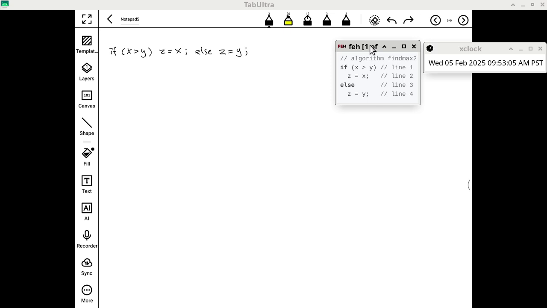As long as you have either a new line, a single space, or any number of spaces or any number of tabs, they're all considered the same. So you can basically break it up so that if is one line, open paren is one line, x is one line, greater than is one line. You can make this program as long in terms of line number as you want, or you can just fold the whole thing onto one single line. The programming language actually does not care.